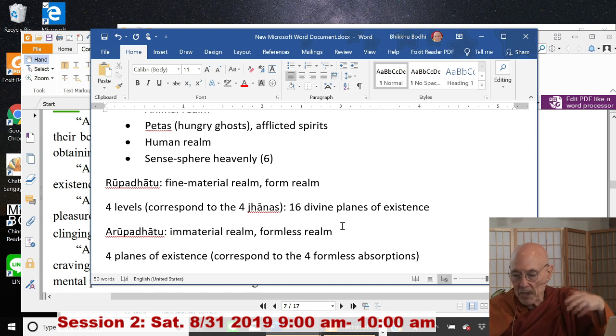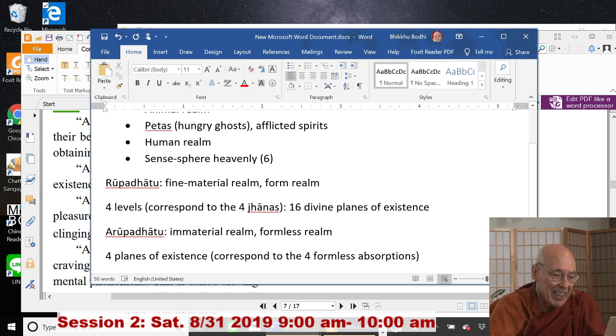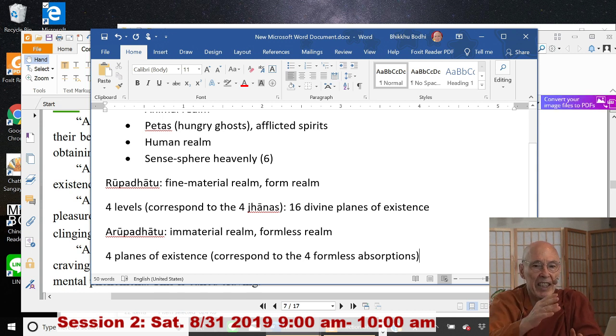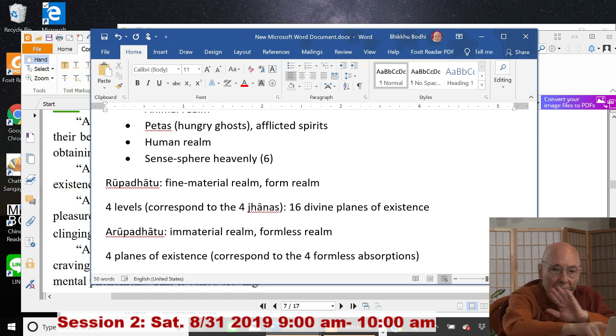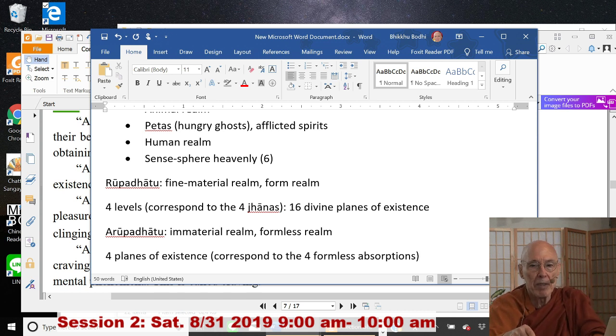And so human beings who are very diligent meditators can attain the formless absorptions. And when they're in the formless absorption, their consciousness corresponds to the basic state of consciousness of the beings in the immaterial realm.